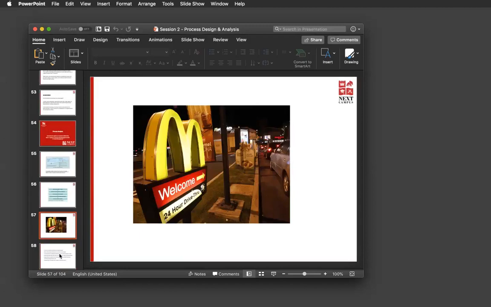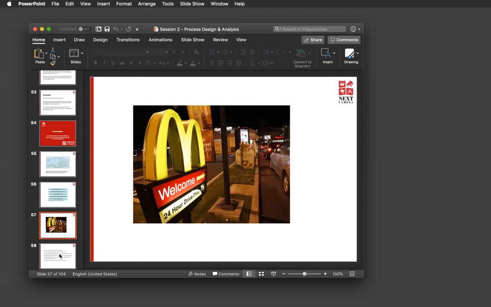But for some people, the fast food outlet was not fast enough. They wanted faster service. So what did McDonald's do? They analyzed their processes and then redesigned them to incorporate drive-through.